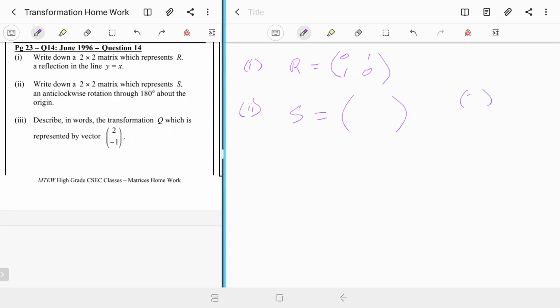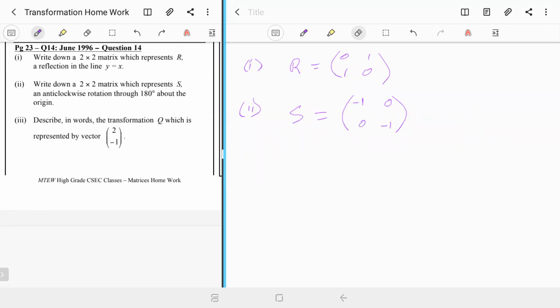Both have minus 1s in it, so it's minus 1, 0, 0, minus 1. That's the matrix. Get your marks and you're done.